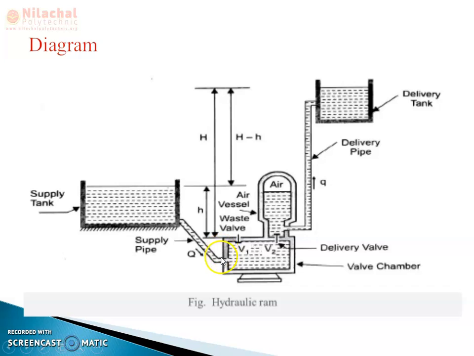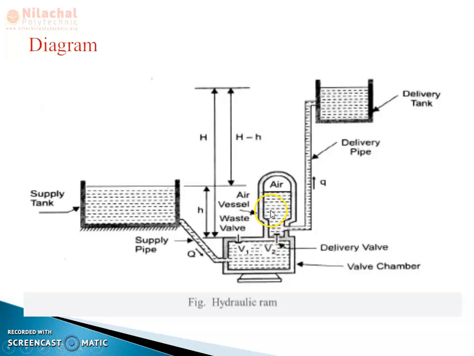Here, the kinetic energy of water is converted to pressure energy. Due to the kinetic energy, the waste valve is closed. After that, when you stop the flowing water, due to the change in momentum of the water mass, the pressure is developed. Due to the pressure developed, the delivery valve will be opened.